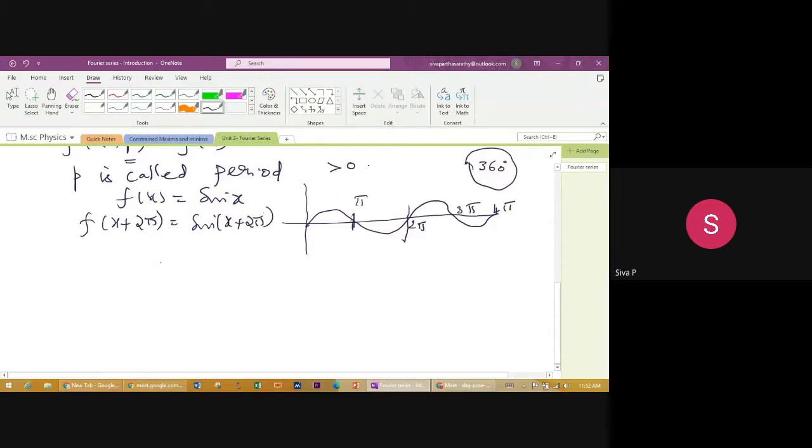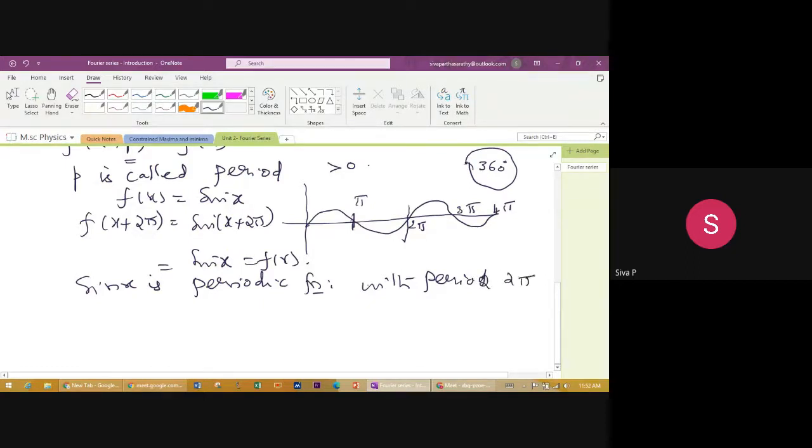What is sin x plus 2 pi? Sin x. So sin x is a periodic function of the period 2 pi.